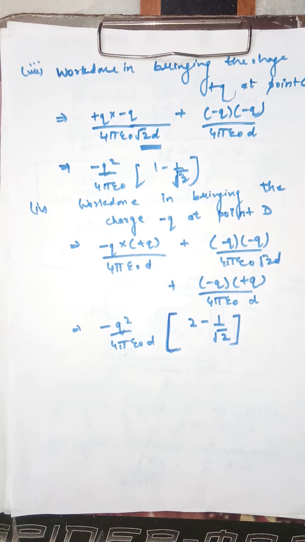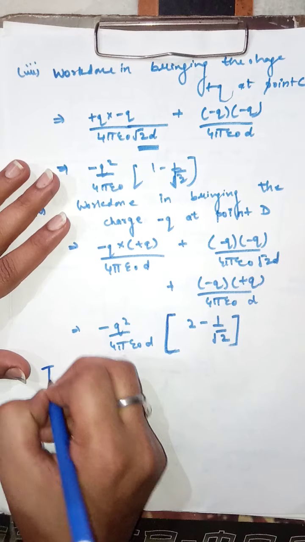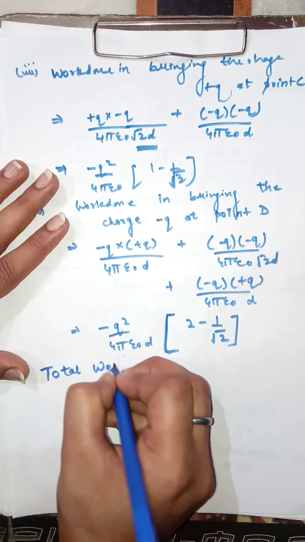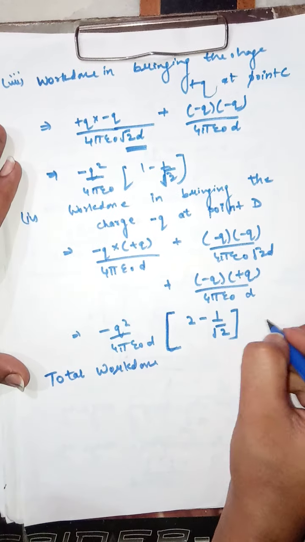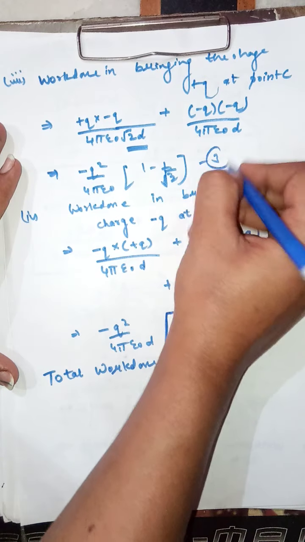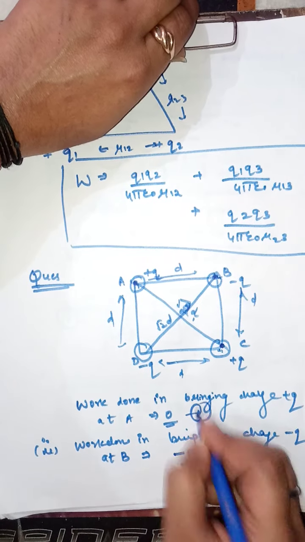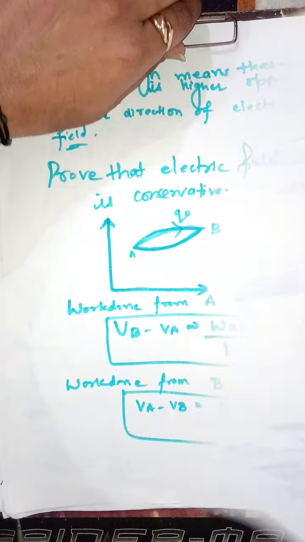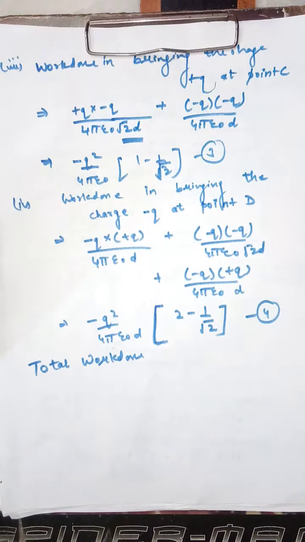So in this way we have achieved 4 equations for the work done. Thus, the total work done is given by simply the sum of these 4 equations.